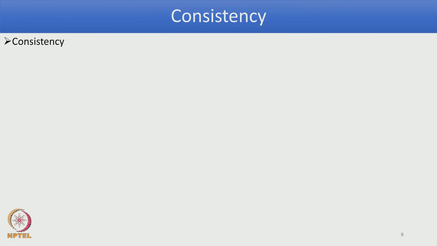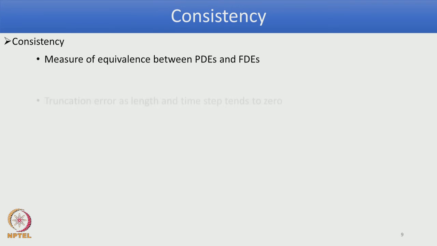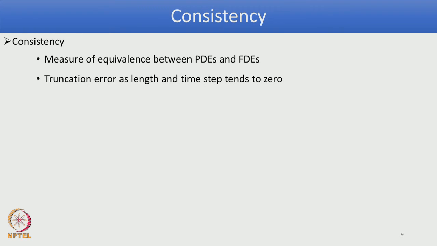First, we take consistency, which measures equivalence between the original PDE and the finite difference equation which replaces the original PDE. When you replace the original PDE by a finite difference equation, as we know very well from Taylor series expansion, we consider only a few terms and the remaining terms are neglected, whatever the order of accuracy that you are deciding.